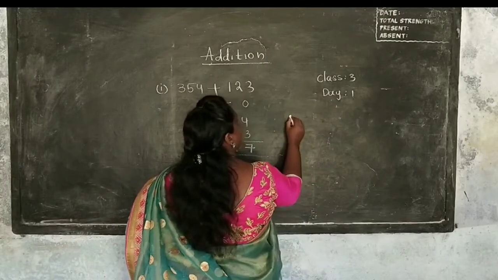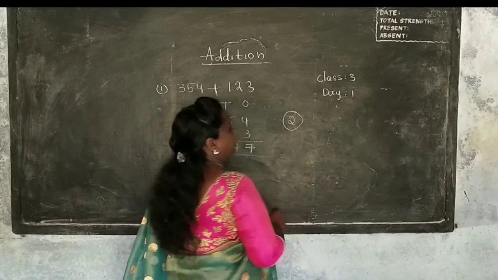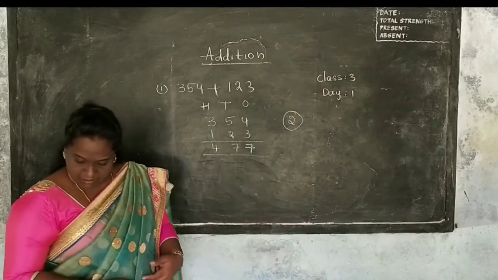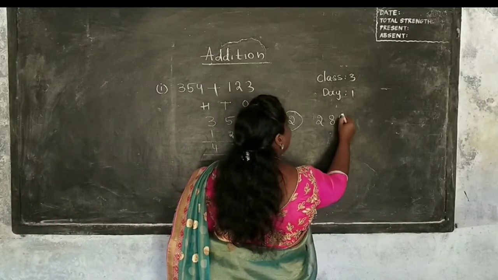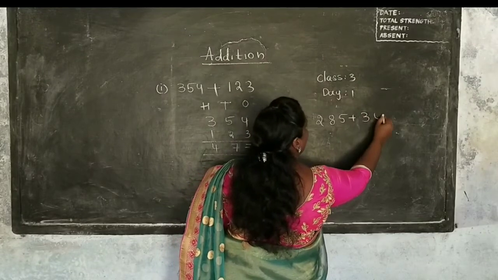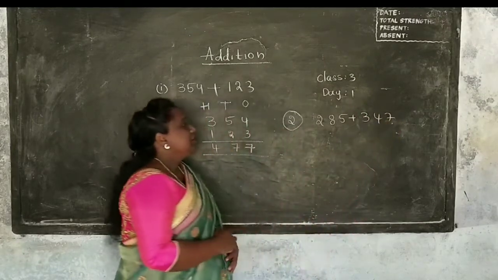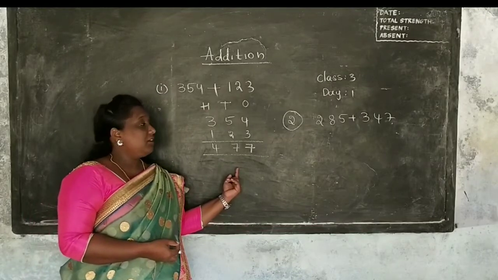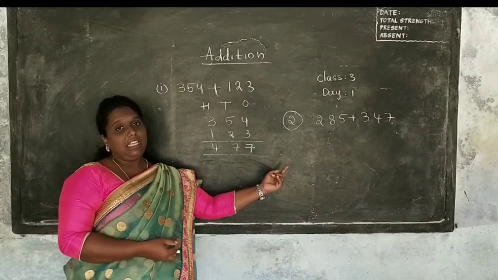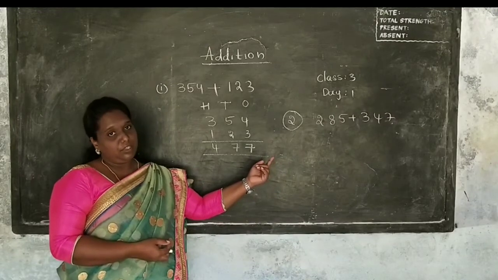Another problem. Second problem. The numbers are 285 plus 347. Children, this sum is very easy, but now listen carefully on how to do the addition of the two numbers.